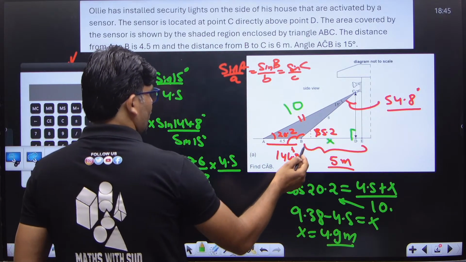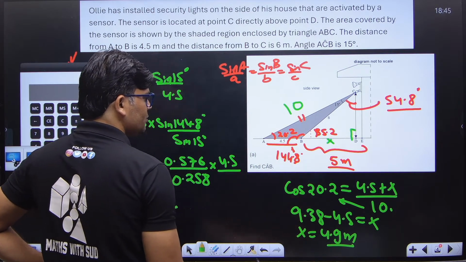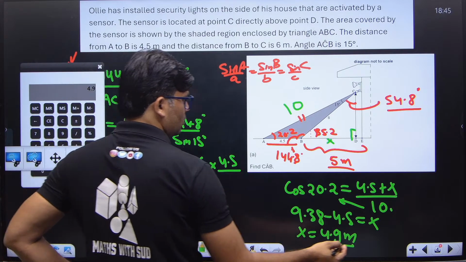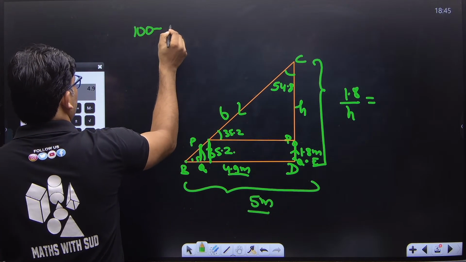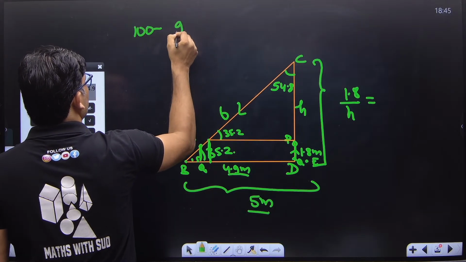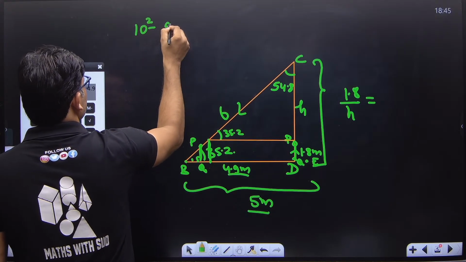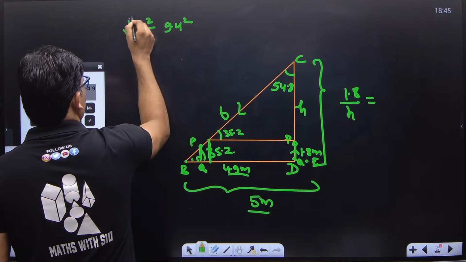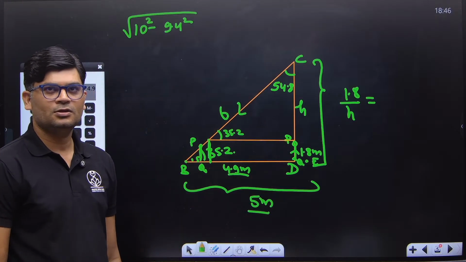So 4.9 plus 4.5 is how much? 9.4. So we can say 10 square minus 9.4 square, under root. That is what we can say is CD.